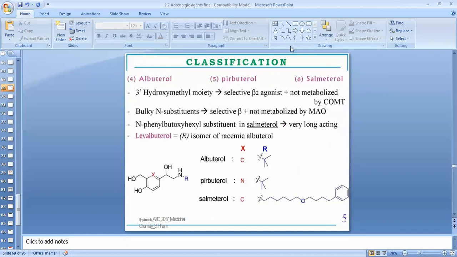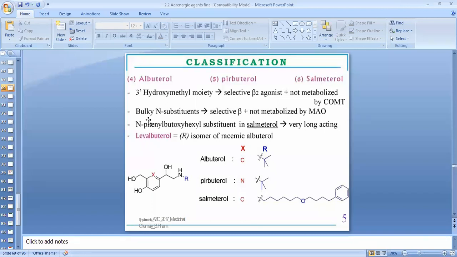Same type of classes in the beta 2 agonists are albuterol, pirbuterol and salbuterol. They are going to have a 3-hydroxy methyl moiety and are selective beta 2 agonists because they are not metabolized by catechol O-methyl transferase enzyme.